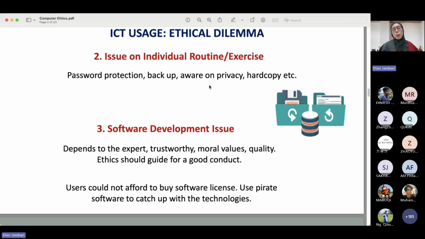For example, we know that password protection is needed. All of us are computer experts. We know that the simplest way of protection is a password.